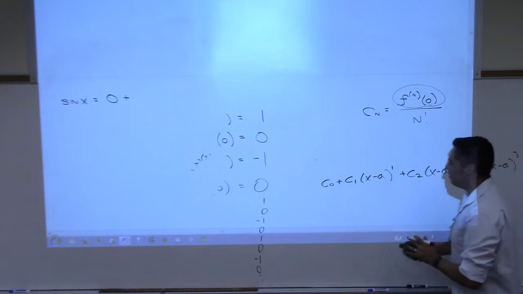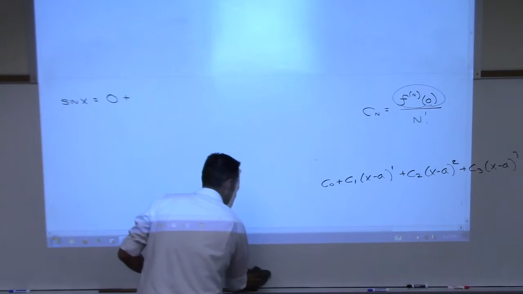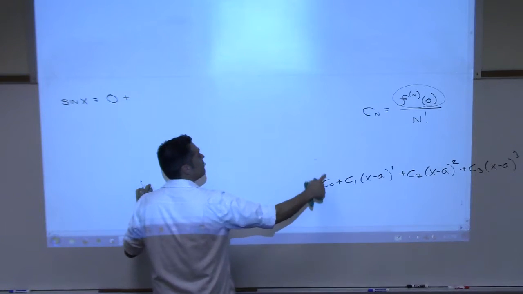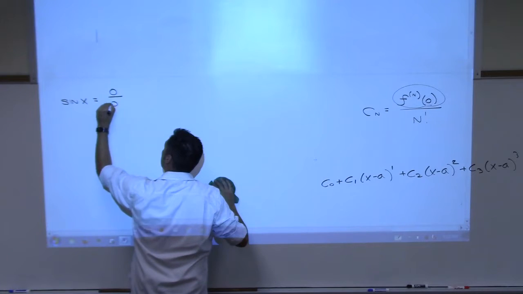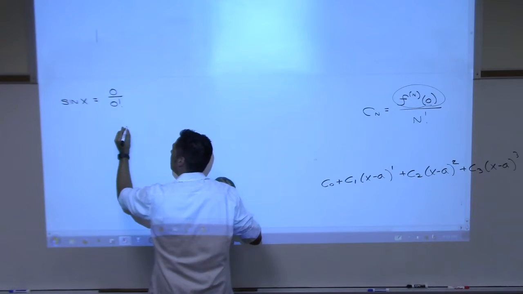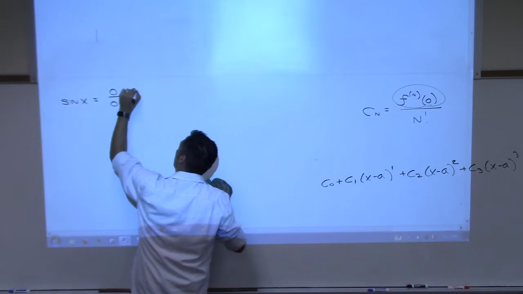Do y'all understand what we got there are these pieces? I left out the n factorials. Okay, let's keep going. So c sub 0 would be the first number off our list, over 0 factorial, right? Yes? Times x to the 0.